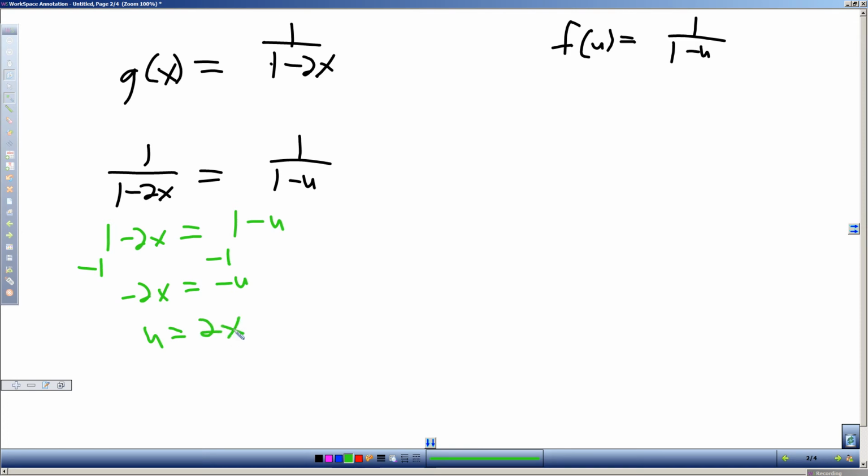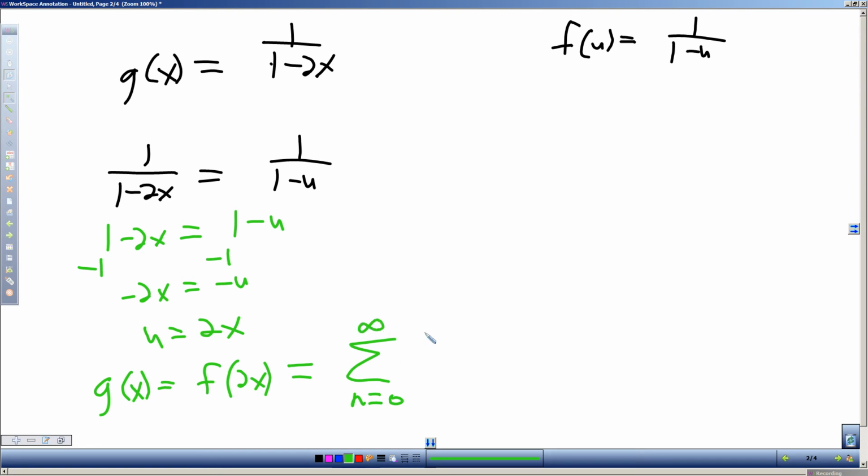Okay. So everybody with me with that? Okay, so the next thing we're going to say is g of x is equal to f of 2x. Notice if I plug in 2x here, it's going to be exactly the same. And then we can say this is equal to the sum as n equals 0 to infinity of what? 2x to the n.